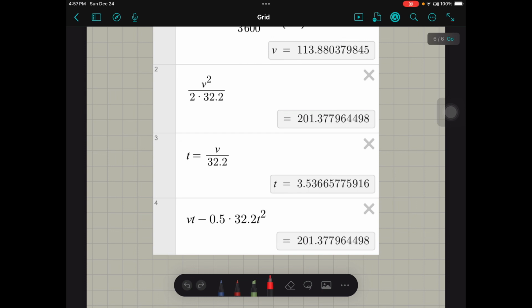Now we're solving for time, so we have our velocity and our acceleration, and we get 3.54. Now we have our second equation to solve it the second way, and when we plug it in, we get 201.38. And for the first equation, we also get 201.38.